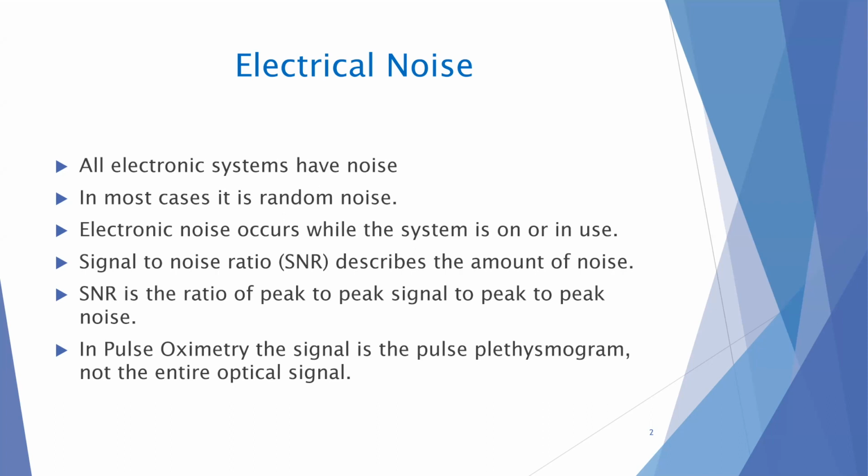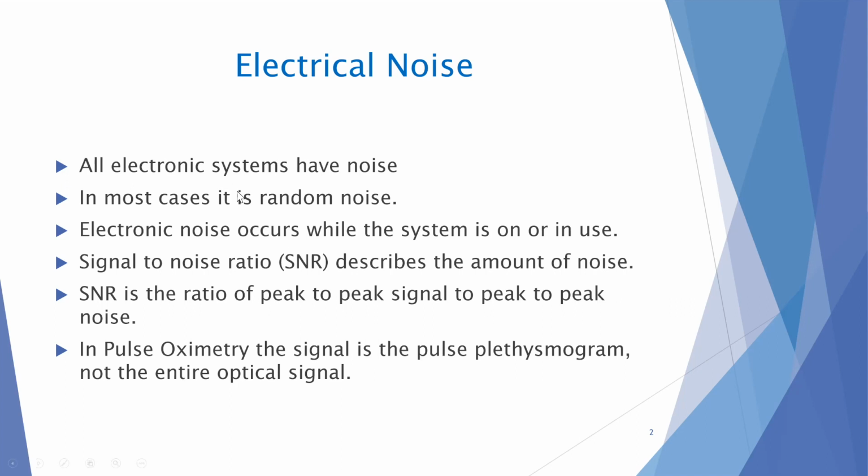We use a signal to noise ratio to describe how noise affects the signal, where it's just the signal divided by the noise is the signal to noise ratio.